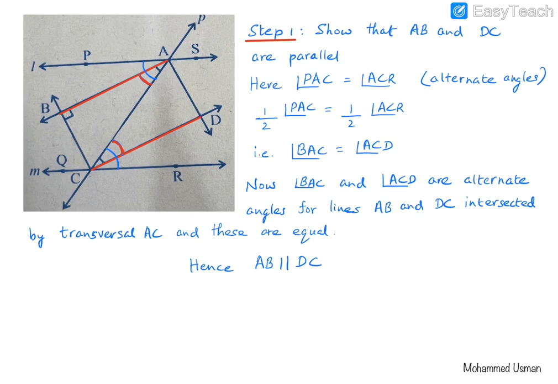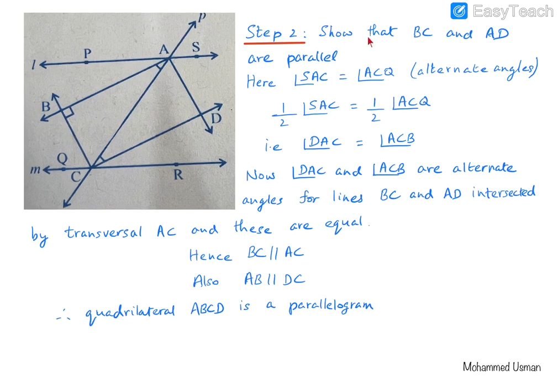The next step is to prove that the line AD and BC are also parallel to each other, and we will approach a procedure similar to what we have seen here, but on the other side using the other angles. So that would be our second step, which is to show that the line BC and AD are parallel.